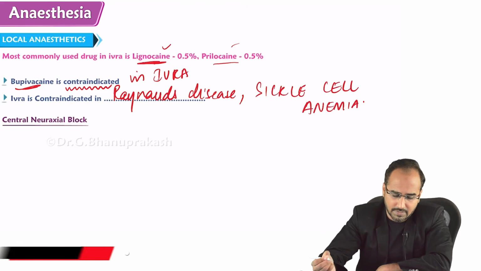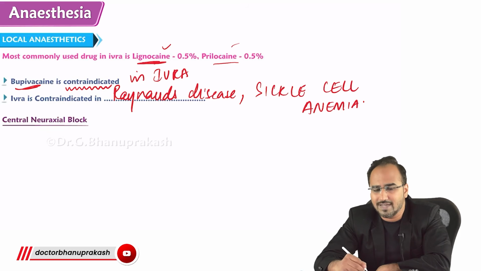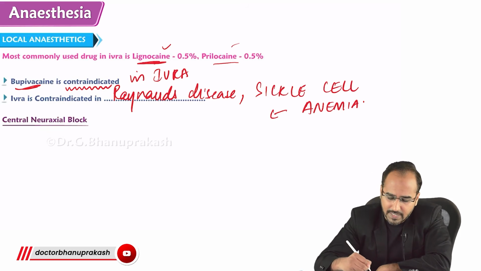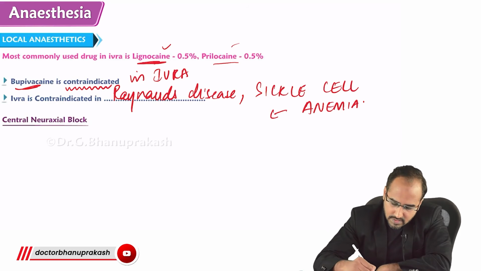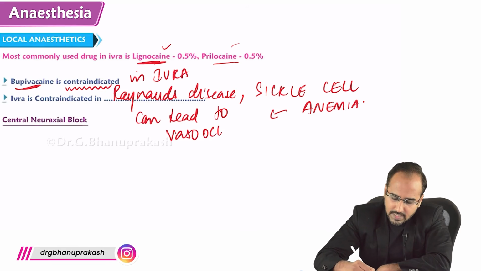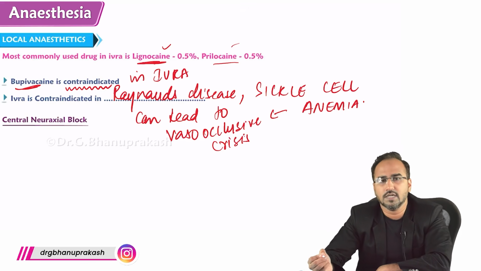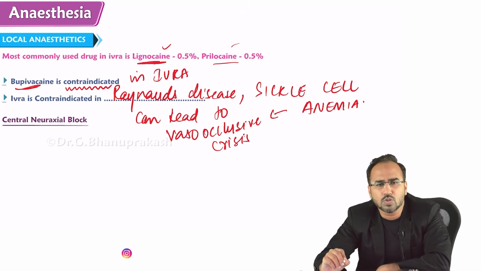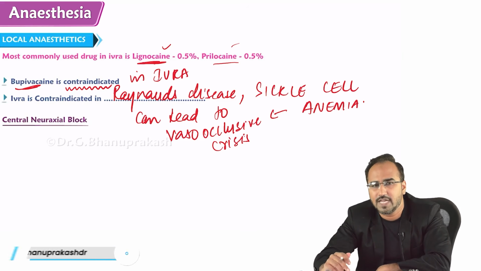If you go for IVRA in sickle cell anemia, it can lead to vaso-occlusive crisis.